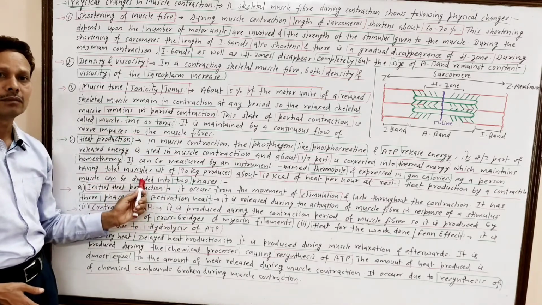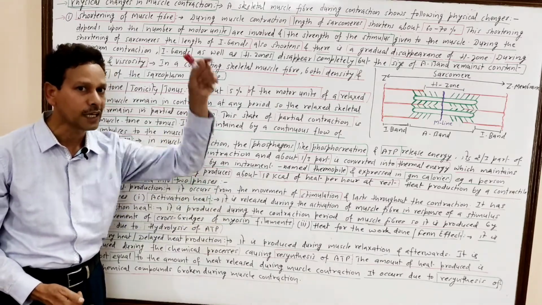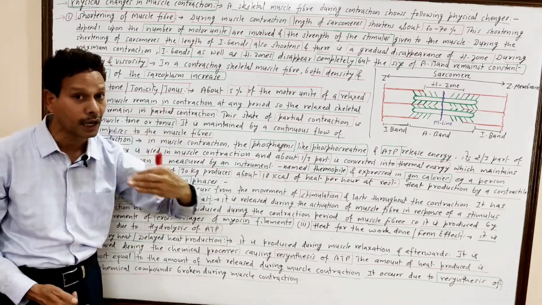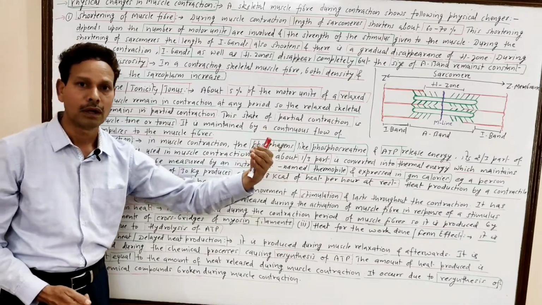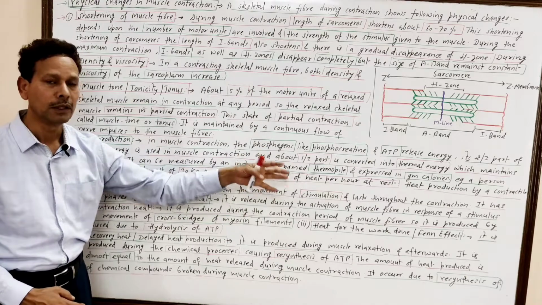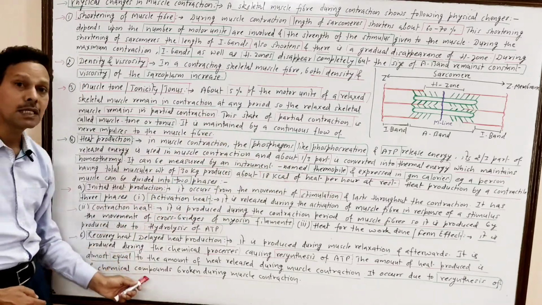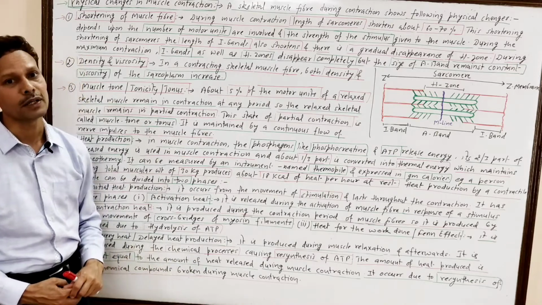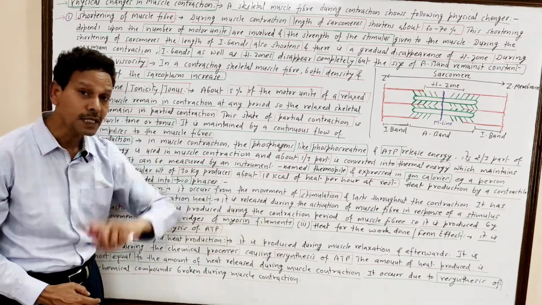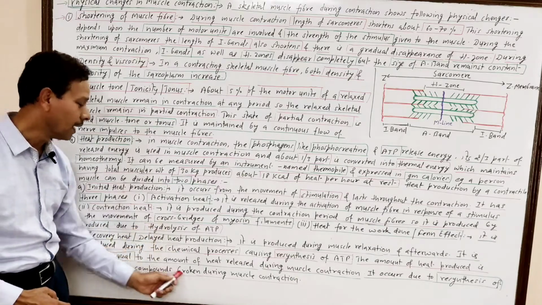Initial heat production starts when a stimulus is applied and lasts up to the muscle contraction. During that period, the heat is produced. This is the initial phase. And when muscles undergo relaxation, at that time ATP is resynthesized. This is recovery heat, or delayed heat production.